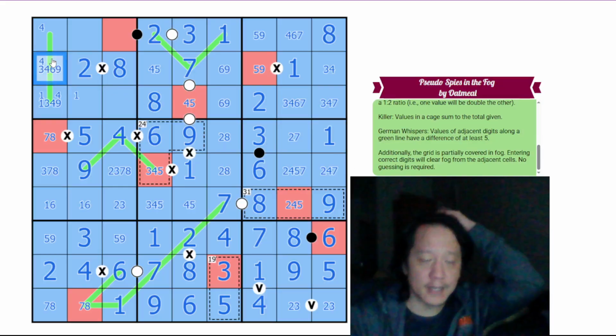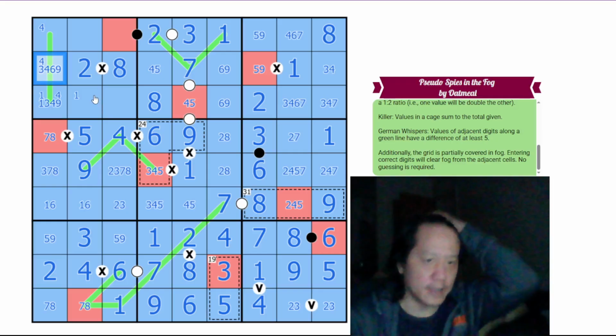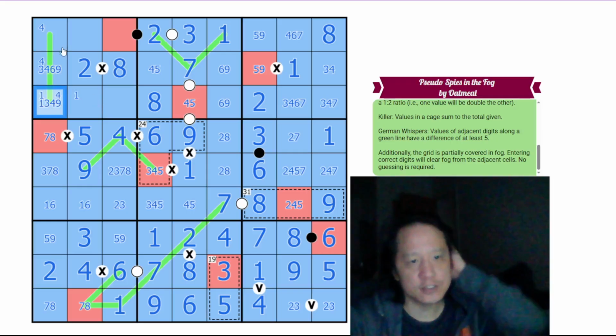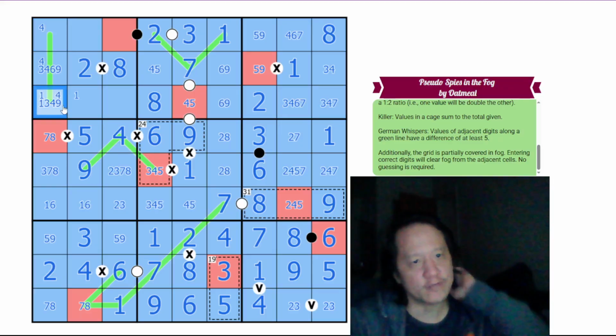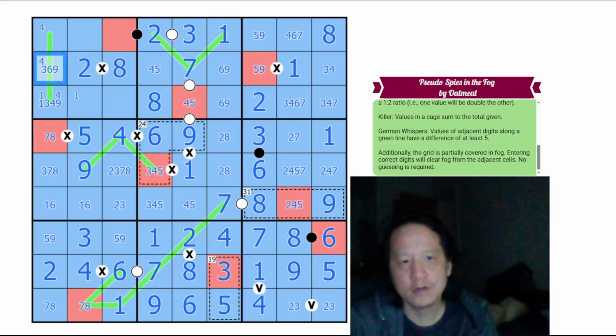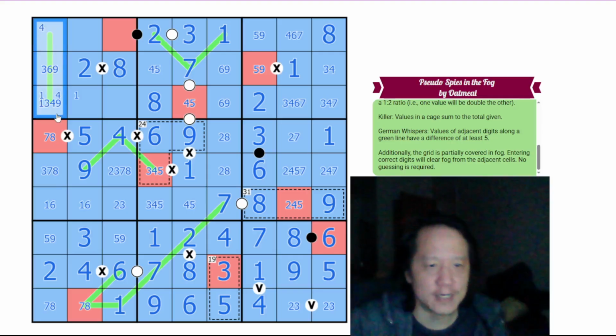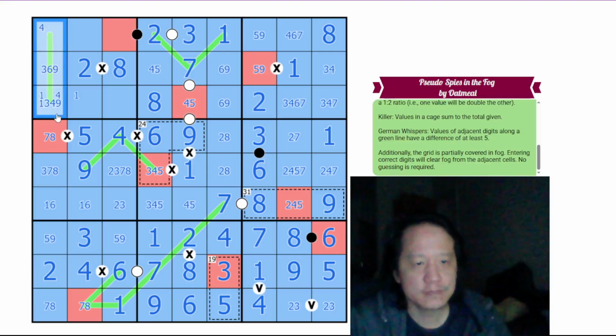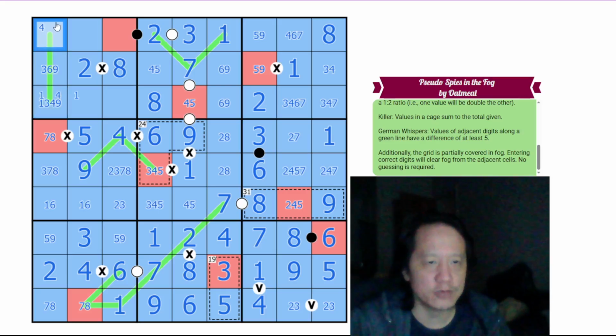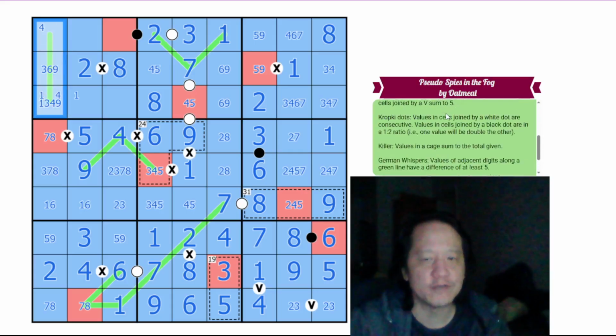4 cannot be next to a 2 digits, 2 unique digits on a Whisper 5 line, so this cannot be 4. We know 4 is on this line, and 4 must always be next to 9 on a Whisper 5 line if we have normal Sudoku, which we do have because we don't have a pseudo digit.